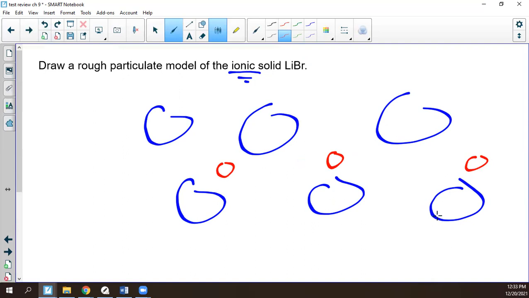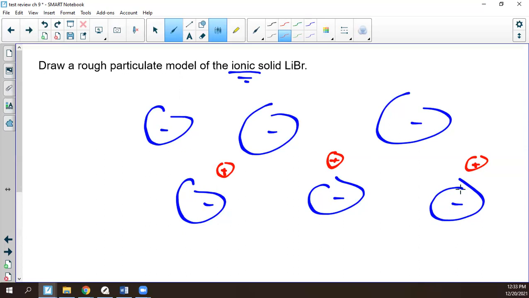Is it lithium? All right, so which one is? Bromine. So I would put a negative on the blues. And what would I do with the reds? Put a positive. That would absolutely meet the requirements for drawing an ionic solid. I wouldn't do one of each.